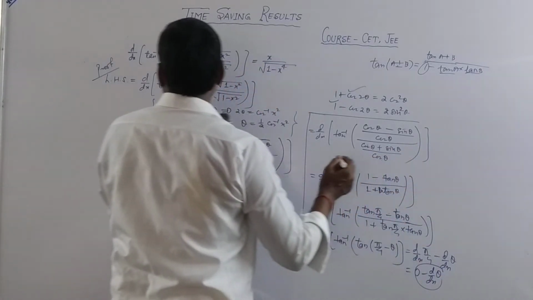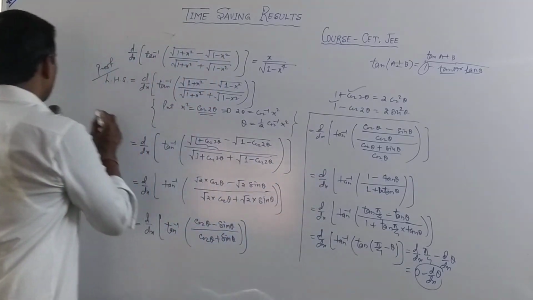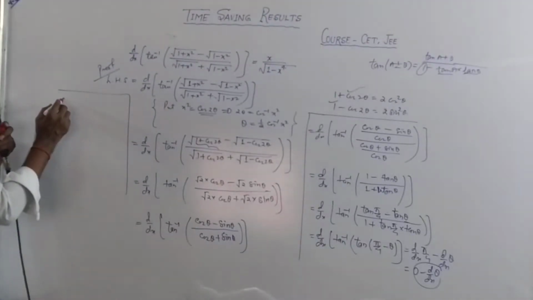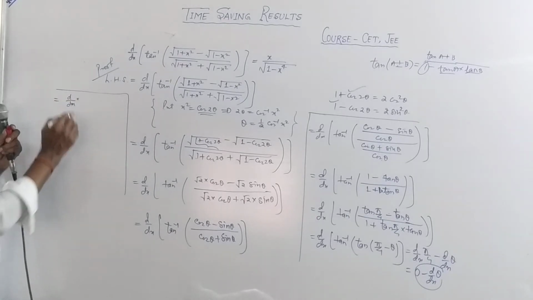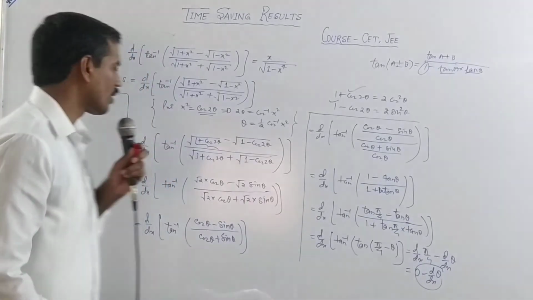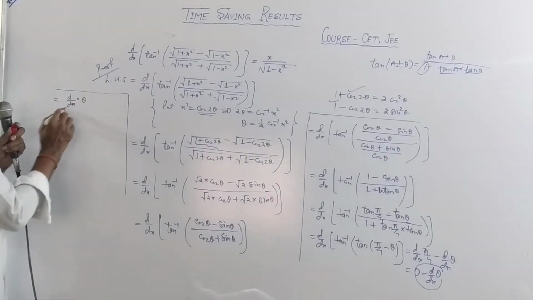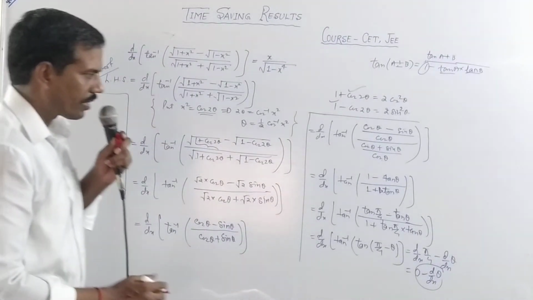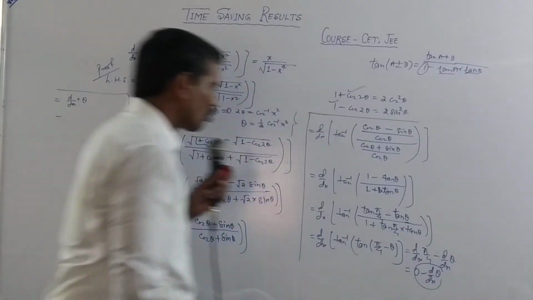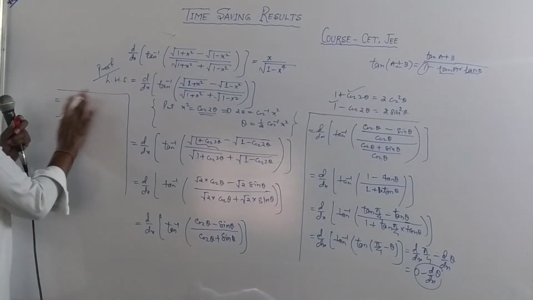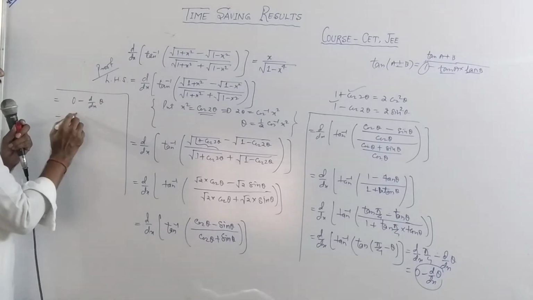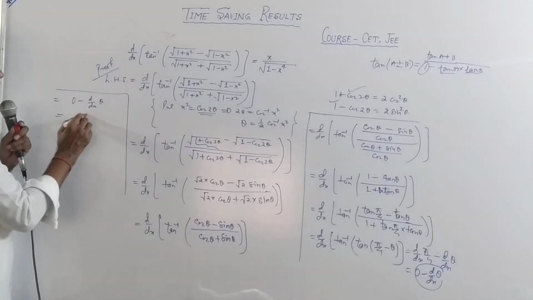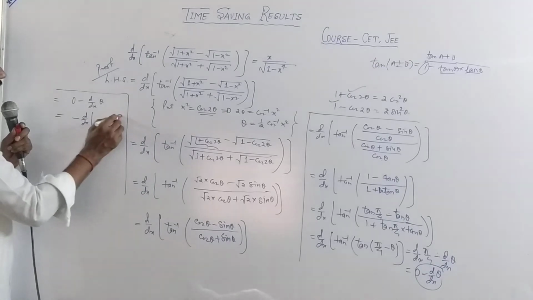I am writing here d by dx of theta. We have here a minus sign, 0 minus d by dx of theta, and this is equal to minus d by dx of theta.